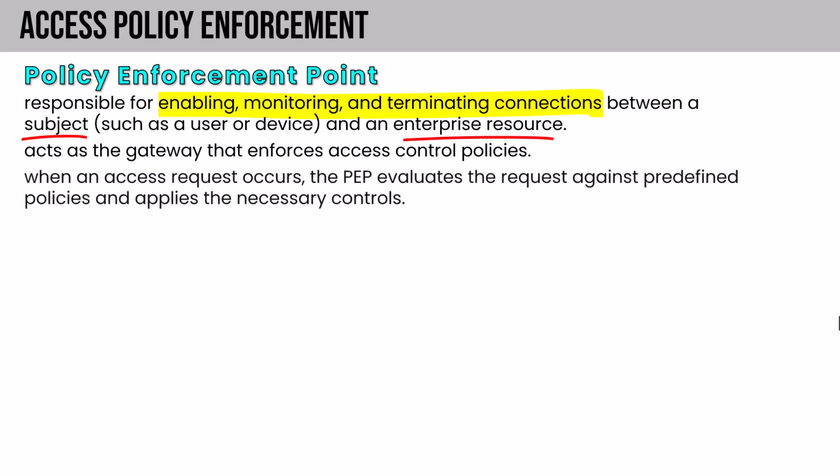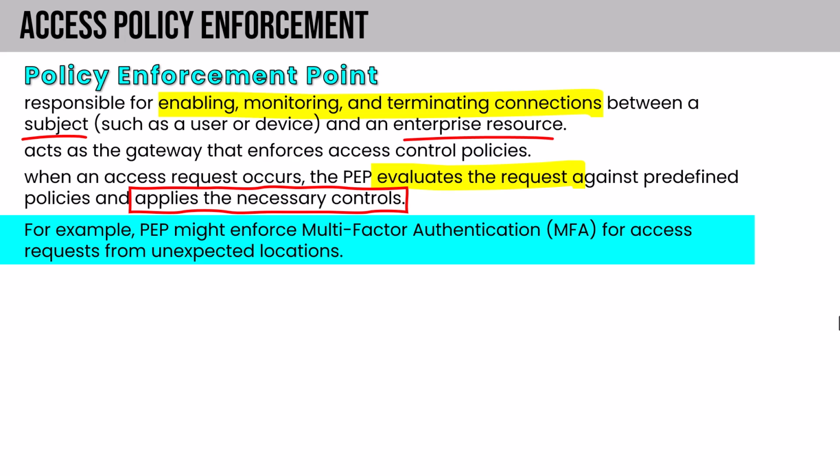So when an access request occurs, the policy enforcement point evaluates the request against predefined policies and applies the necessary controls. For example, a policy enforcement point might enforce multi-factor authentication for access requests from unexpected locations, which would imply that enforcement is dynamic based on conditions and context around the request at the time of the request.